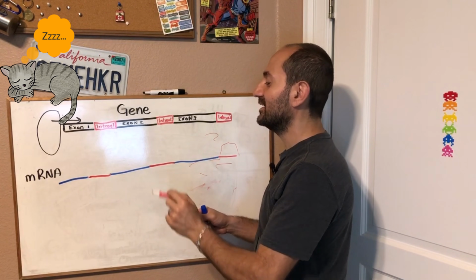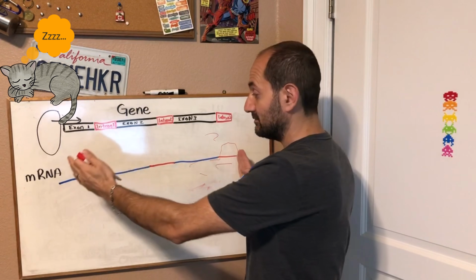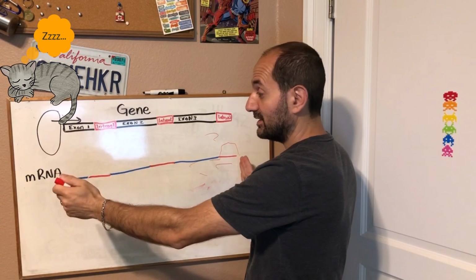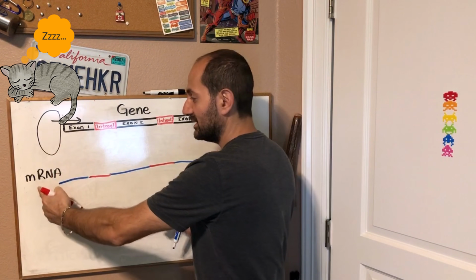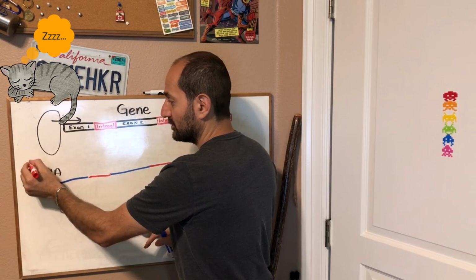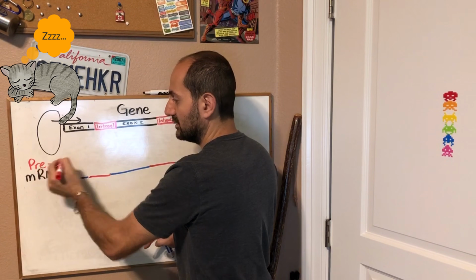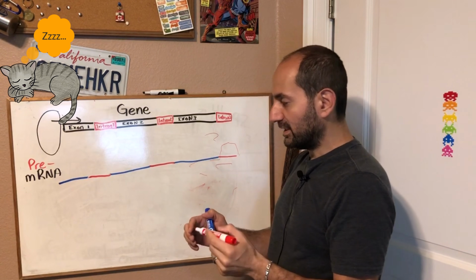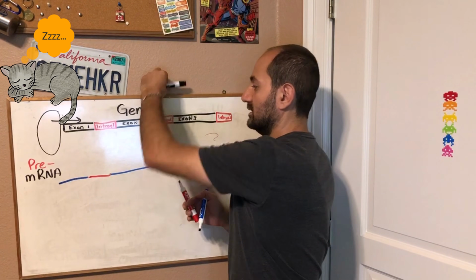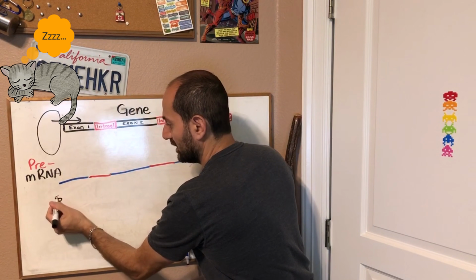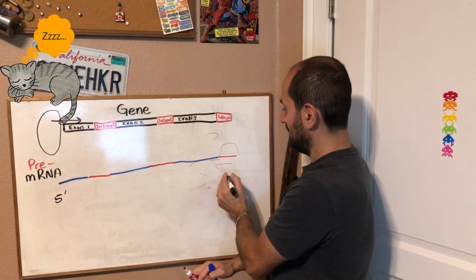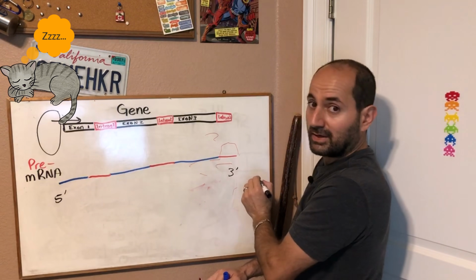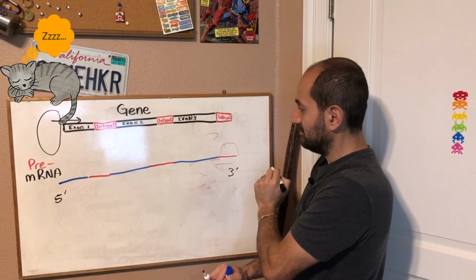He does that. So anyway, in a eukaryote, this would be called what? Is it mRNA? No, remember it's called pre-mRNA. So the pre-mRNA, if you recall, this would be the 5' end of the pre-mRNA. This here would be the 3' end of the pre-mRNA.